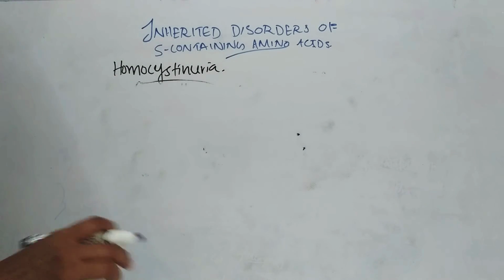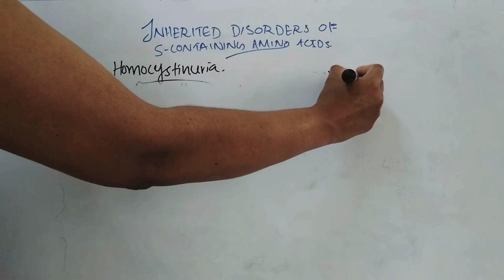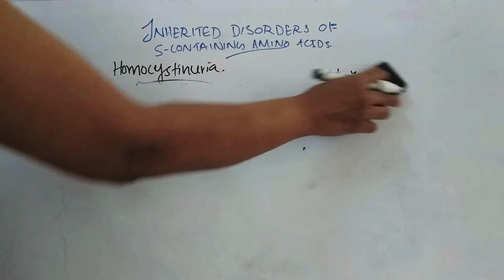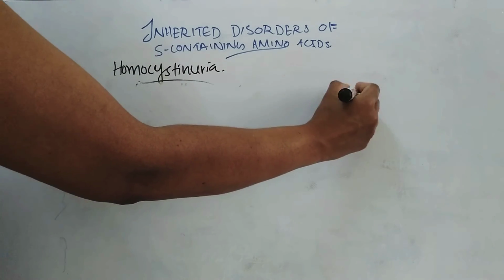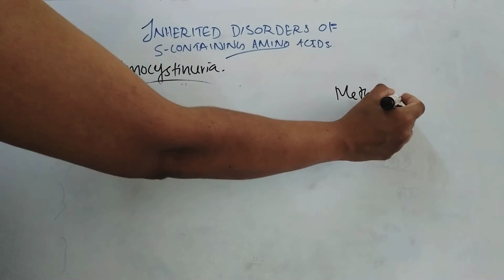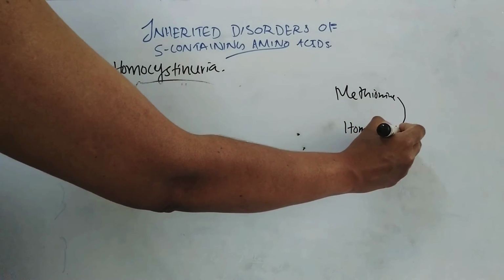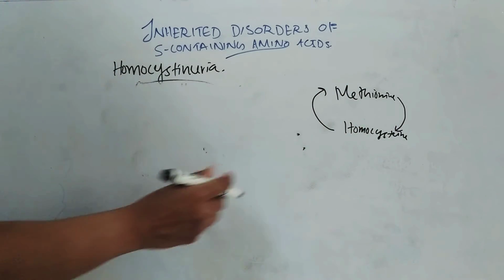So, in the metabolism of methionine, it can form homocysteine. Homocysteine can be converted back to methionine.